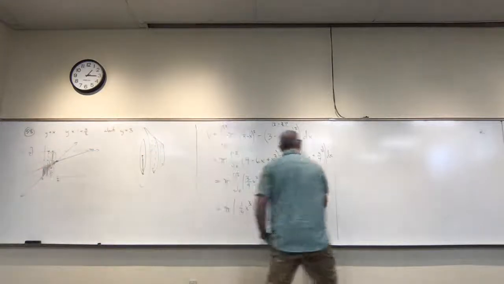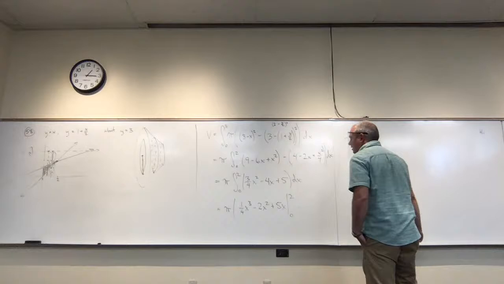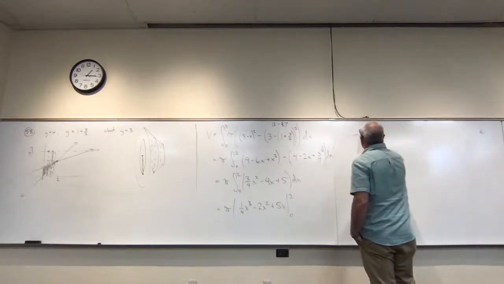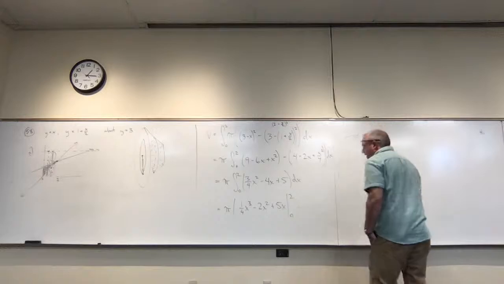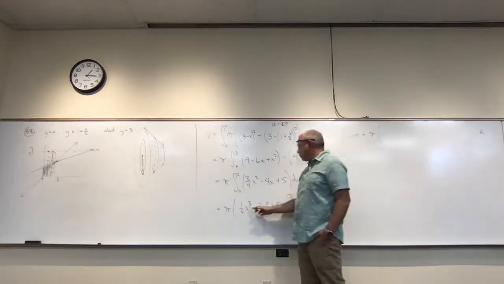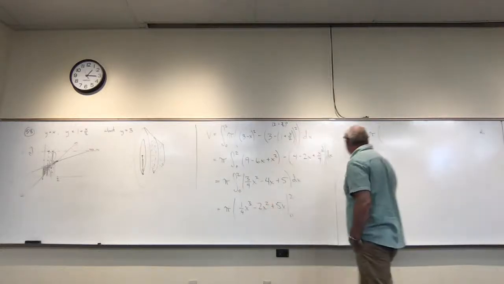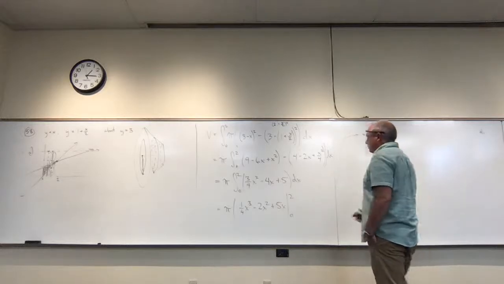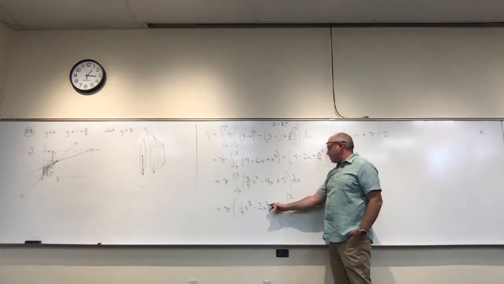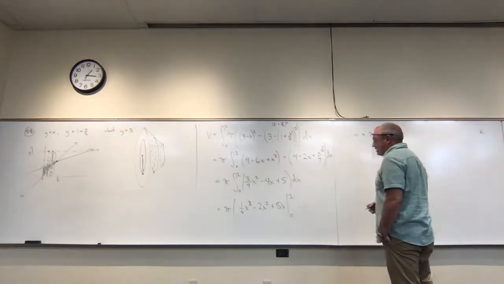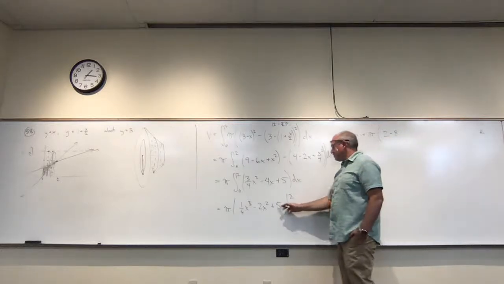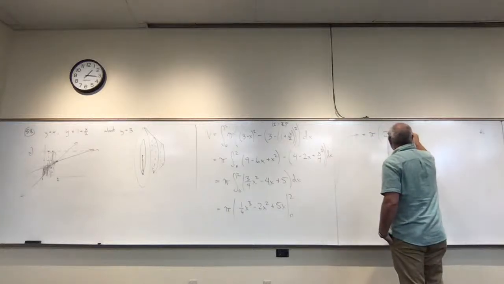Okay, that is equal to pi times, if I plug in the 2, I get 2 cubed is 8, divided by 4 is 2. Then 2 squared is 4, times 2, we get minus 8. 2 times 5 is positive 10.